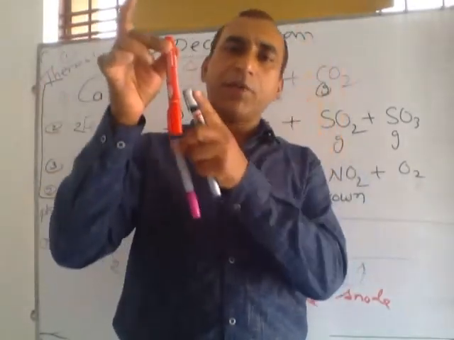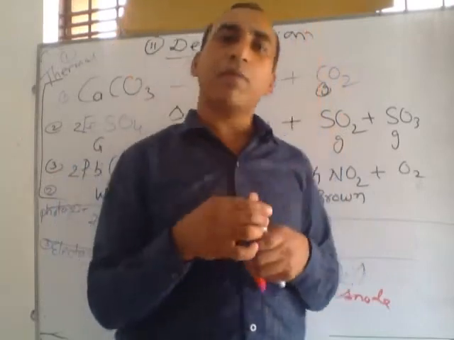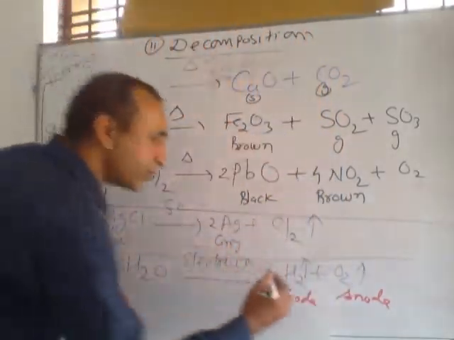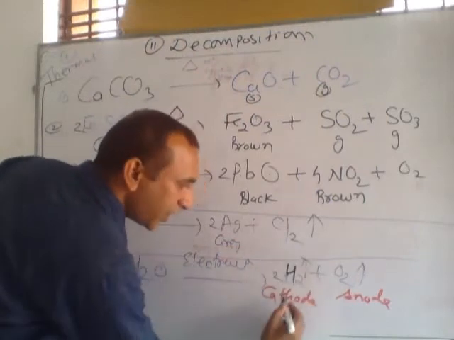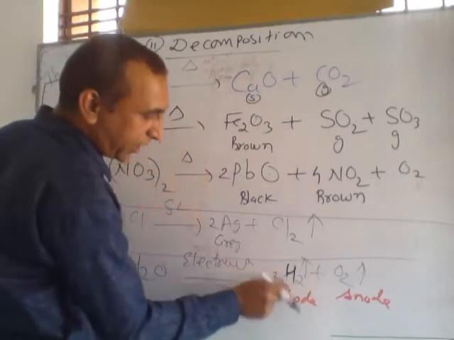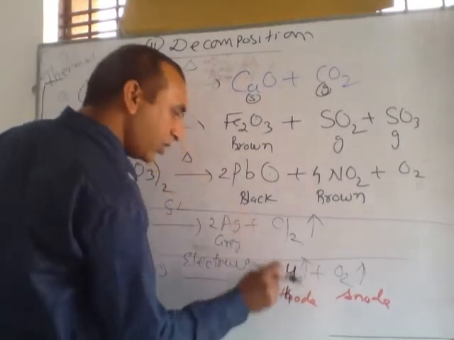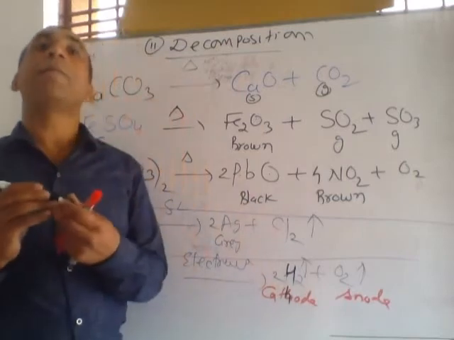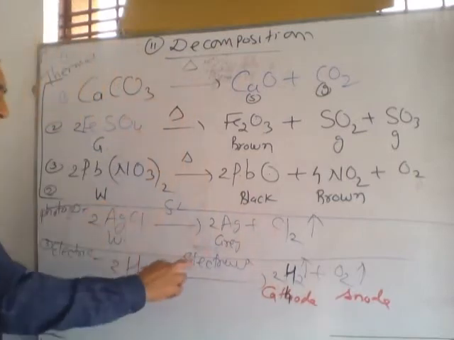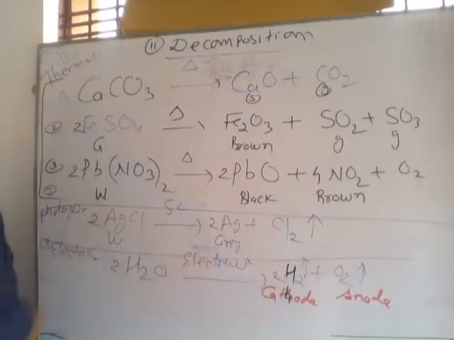How can you remember? Simple. In hydrogen there is H, in cathode there is also H. This H letter is common in these two. So remember, at cathode hydrogen gas is liberated during the electrolysis of water.